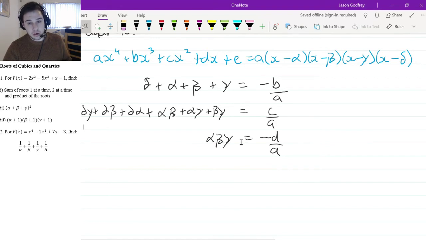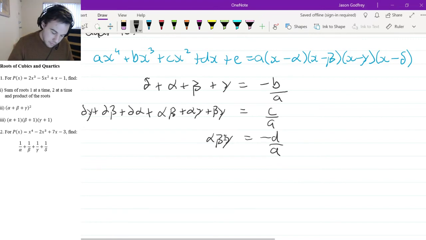So this was the product of the roots, right? But just like going down, we've got sum of the roots 1 at a time, sum of the roots 2 at a time. Well, when you've got 4 pronumerals, you can combine them in a few ways to get 3 things. So this one actually becomes the sum of the roots 3 at a time. But there's a couple to think about. There's alpha, beta, and gamma, but then you've also got alpha, beta, and delta.